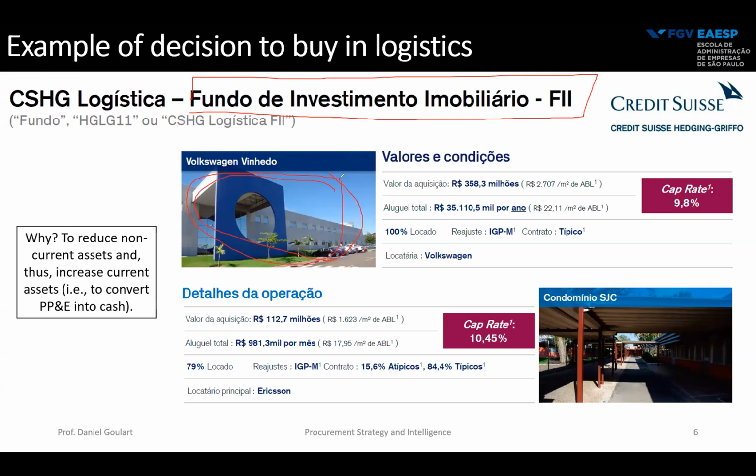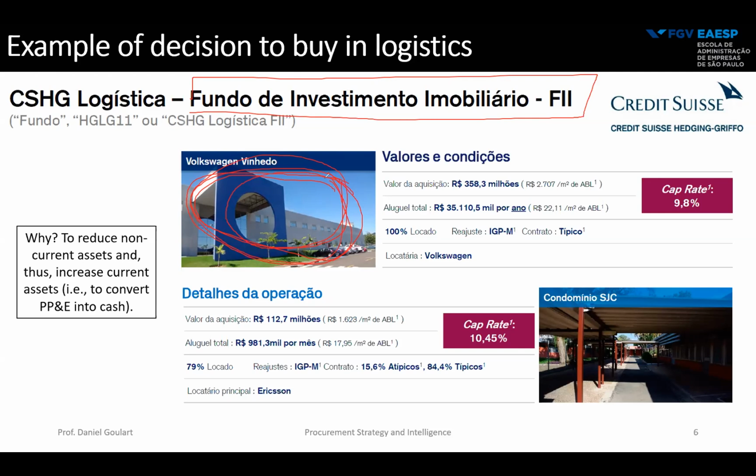What's happening here? Volkswagen, for example, instead of having a warehouse like that, they simply rented the warehouse. They have the right to use the warehouse for a number of years without having these assets in its balance sheet.